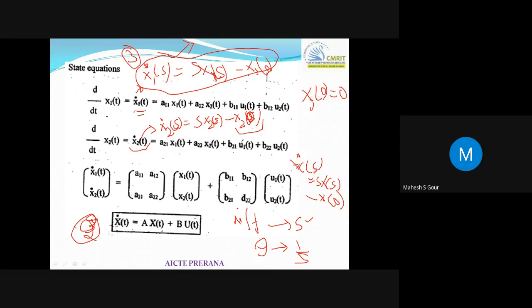I hope you know the shortcut to take the inverse of a matrix without much calculation. So did you write this? Yes, sir. Done. Okay, anyone has any doubts till here?